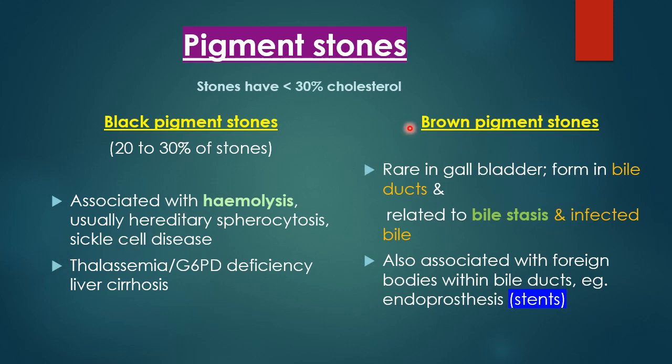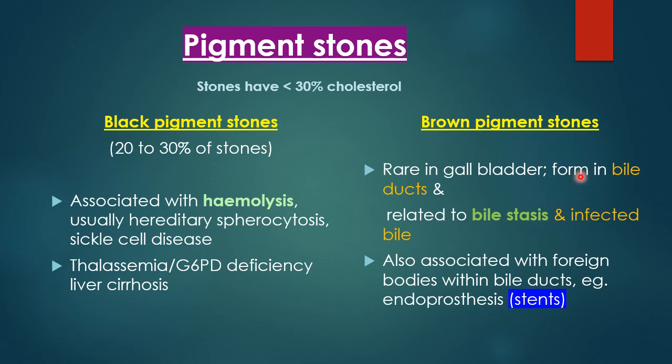Whereas brown pigment stones are rare in the gallbladder but form in the bile duct. As I said, 90% of stones form in the gallbladder and 10% form in the bile ducts. So brown pigment stones are rarely formed in the gallbladder.